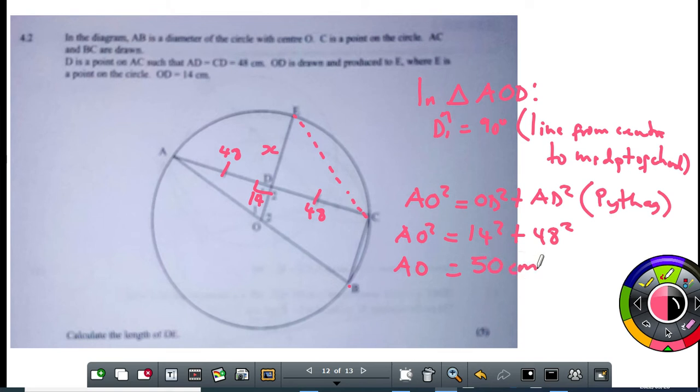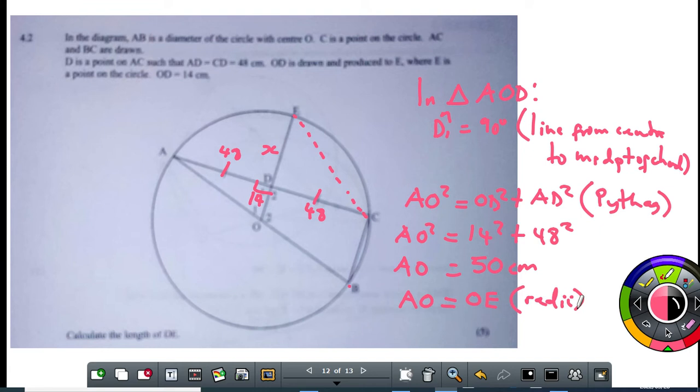So I now know that. Now it's easy to calculate that x. Because my radius, now this is also important, you need to also state that AO is equal to OE. What am I trying to calculate? Remember, it's DE. So I need to calculate the length of OE. The reason here will be radius.